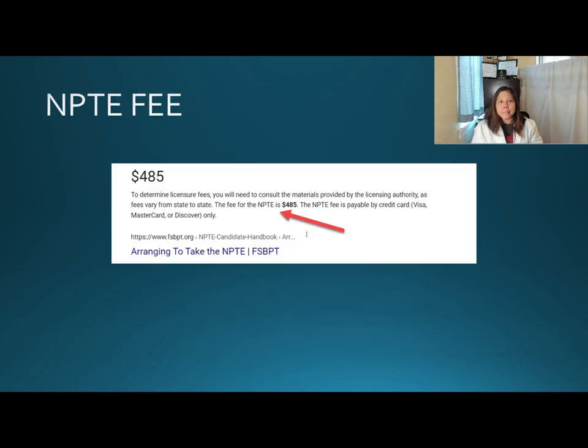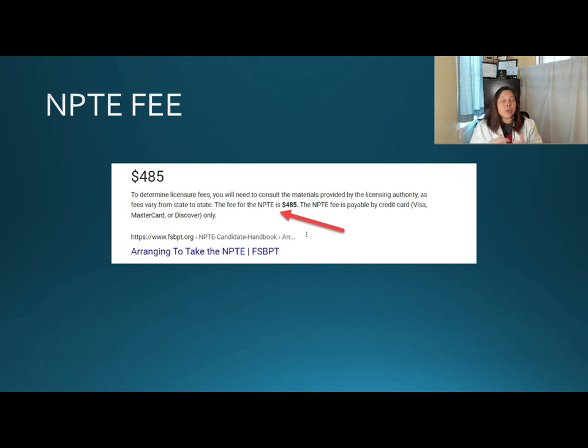Now, after you submit all the requirements to the state, after the credentialing process is done by FCCPT or CGFNS, and they forward it to New York, and you paid New York, and all the requirements are in, New York State will give you an eligibility letter.